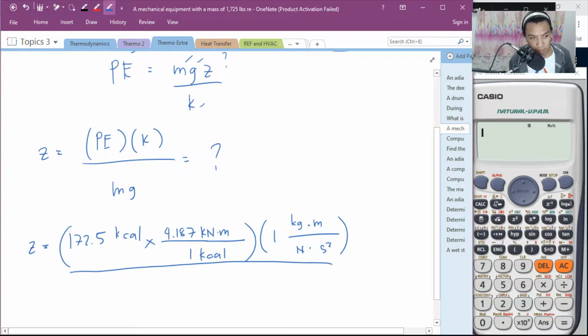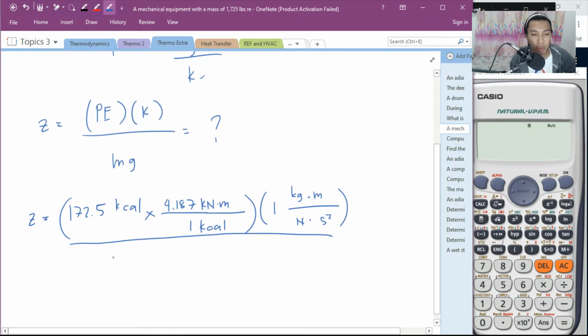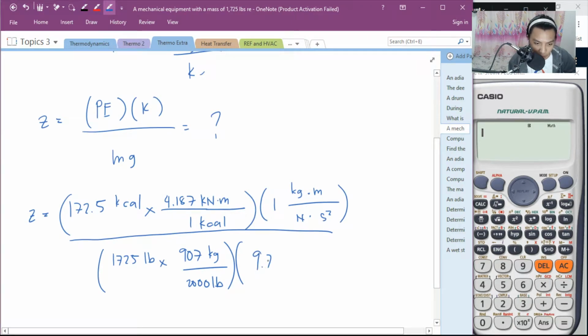Divided by your mass. Ano yung mass mo? Nakalagay dyan is 1725 pounds. Convert mo ng kilogram, 907 kilogram per 2,000 pounds. Yung binigay ko na conversion. Multiply to G, that is yung local, binigay dyan, 9.725 meter per second squared.